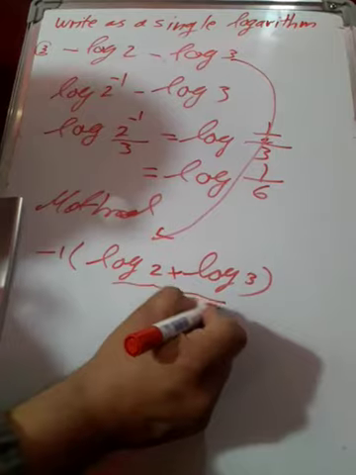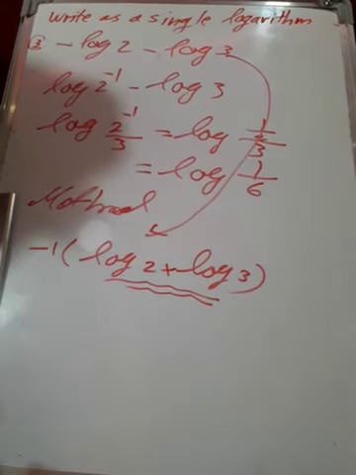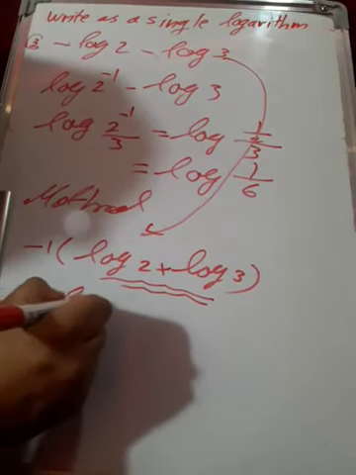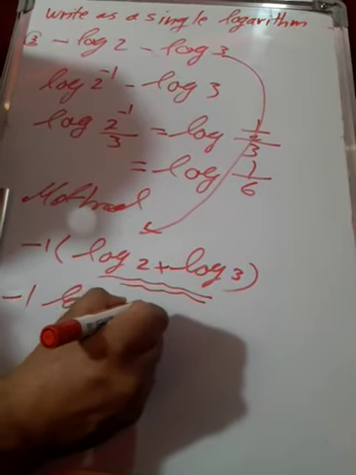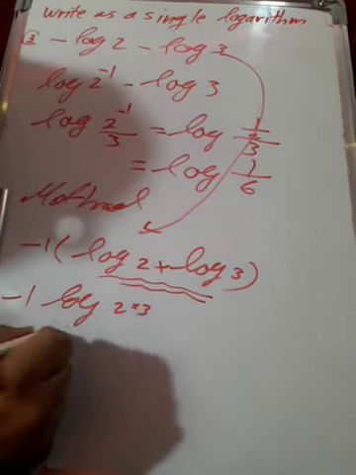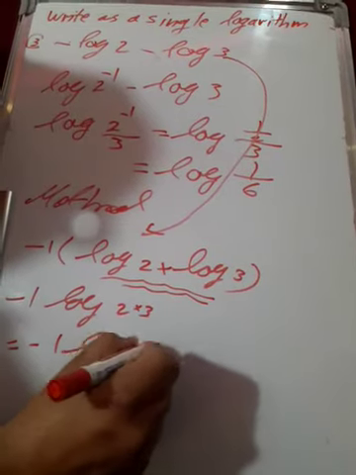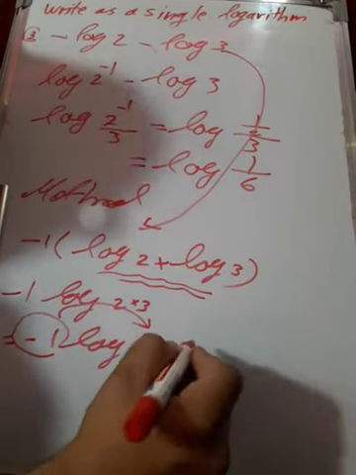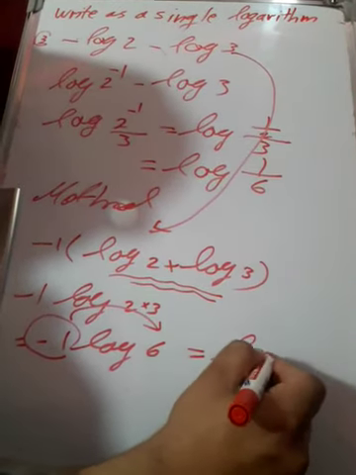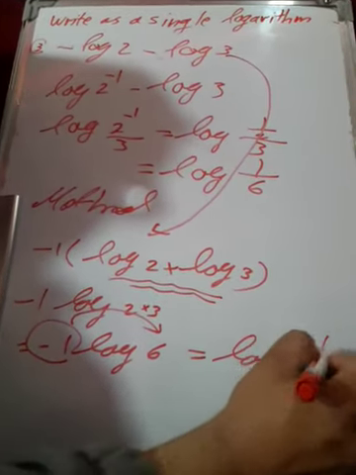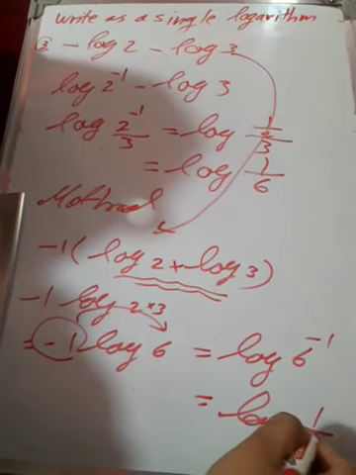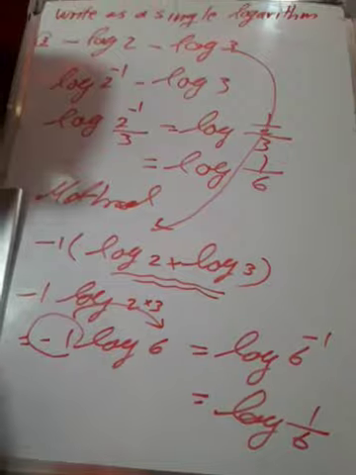Here, as you know, it's the logarithm of the product 2 times 3, equal to minus 1 times logarithm 6. Minus 1 will enter as a power, so it will be logarithm 6 to the power minus 1, which equals logarithm 1 over 6.